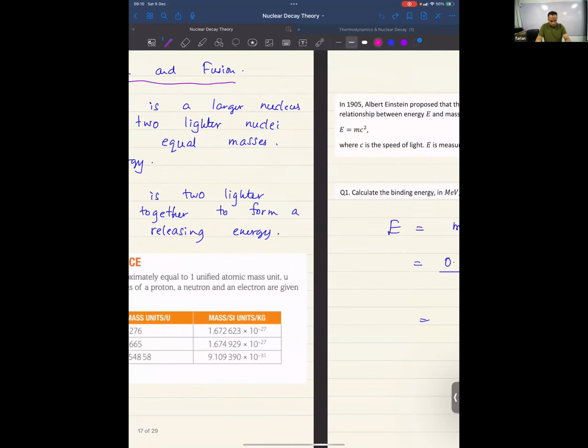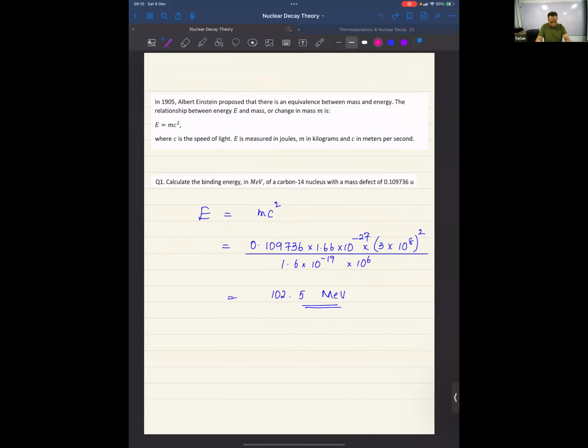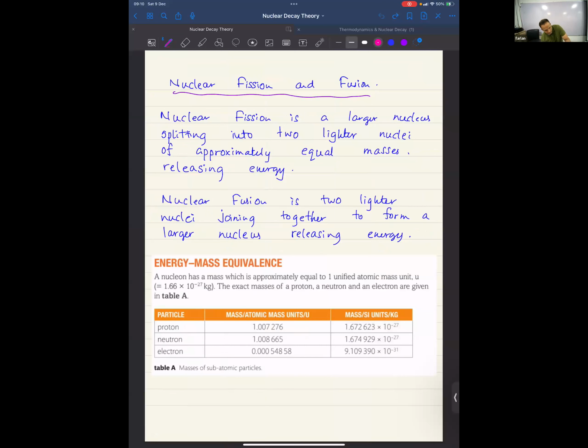A nucleon has a mass which is approximately equal to 1 unified atomic mass unit.